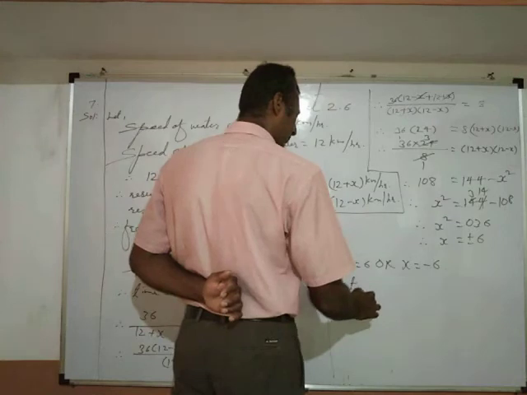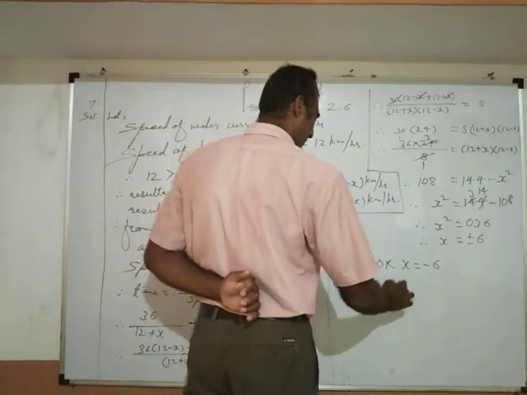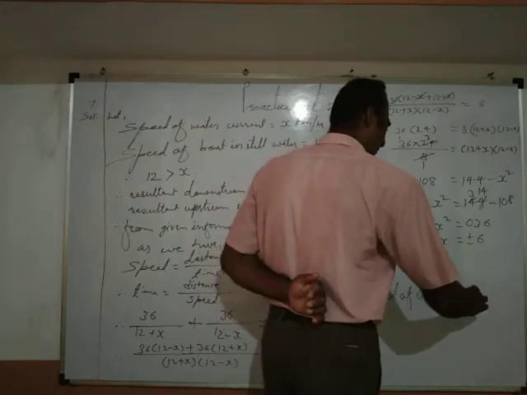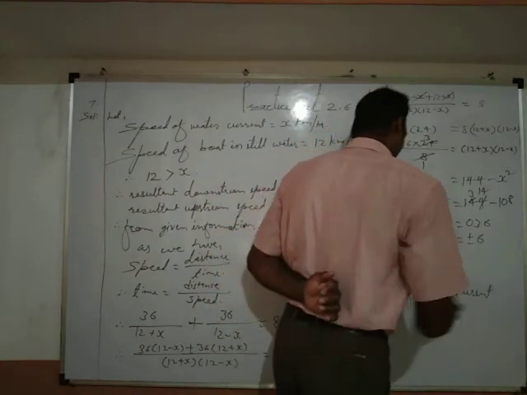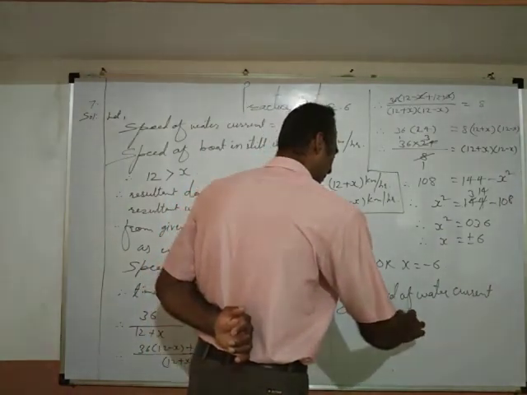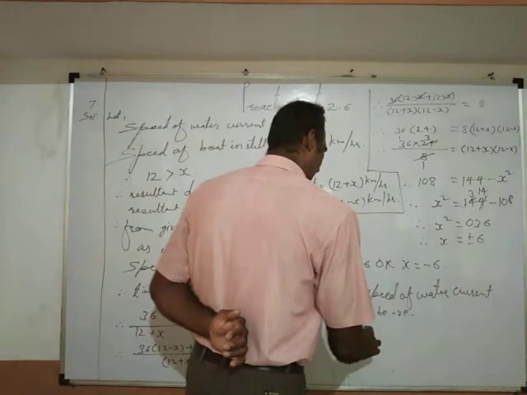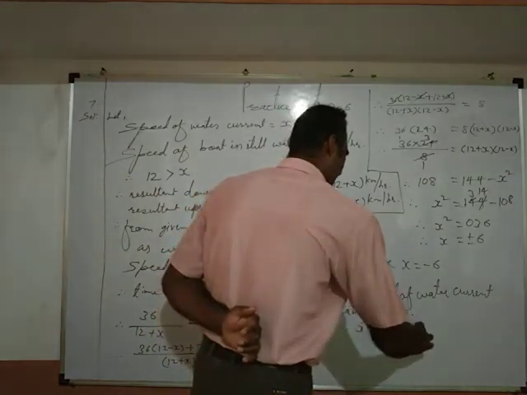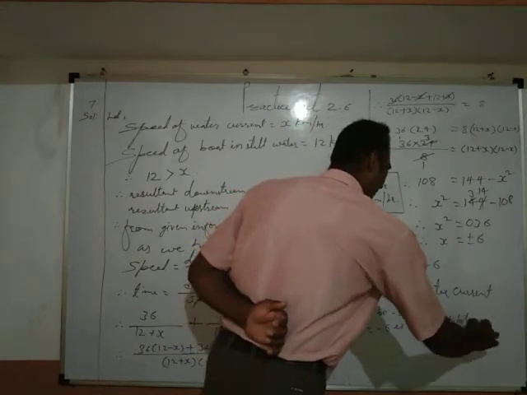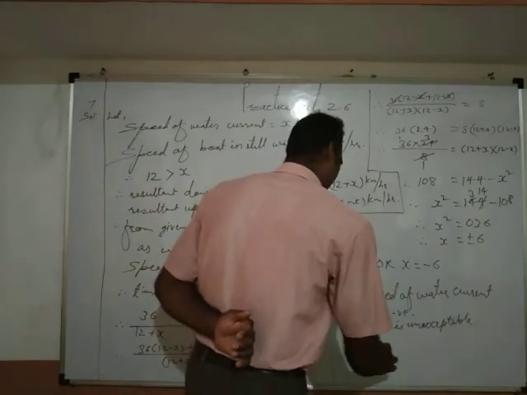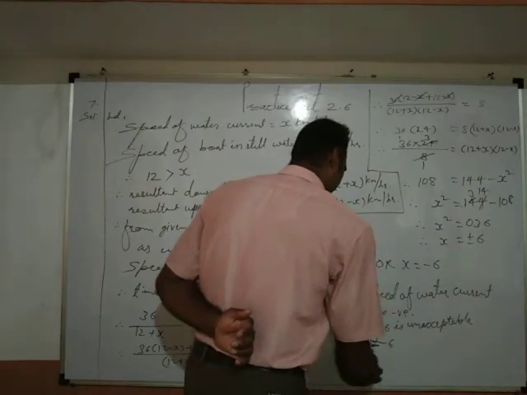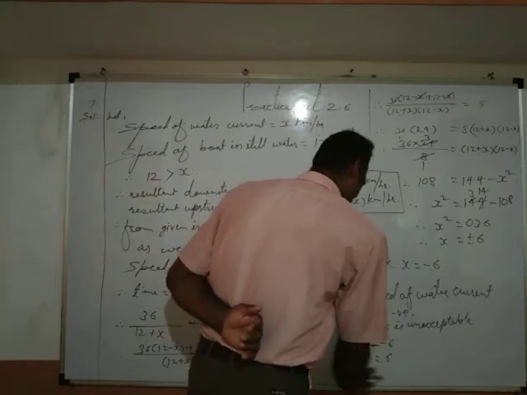But speed of water current cannot be negative, and therefore x equal to minus 6 is unacceptable, and therefore x must not be equal to minus 6, and therefore x must be equal 6.